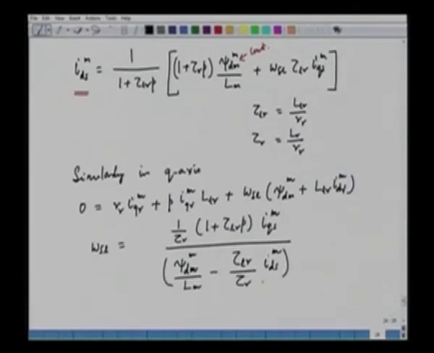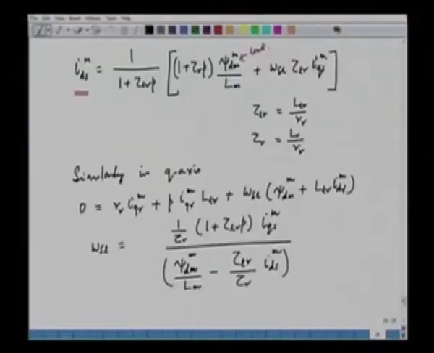This is the expression for the slip speed, and it is a little more complicated than in the rotor flux oriented induction motor drive. Here the slip speed contains derivative terms like tau LR P, and it also has psi dm and IDSM.